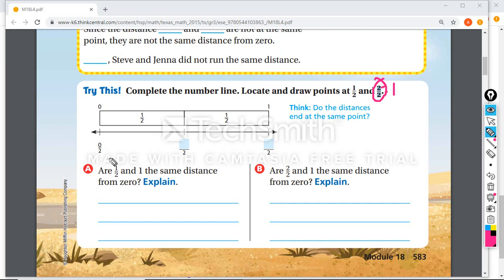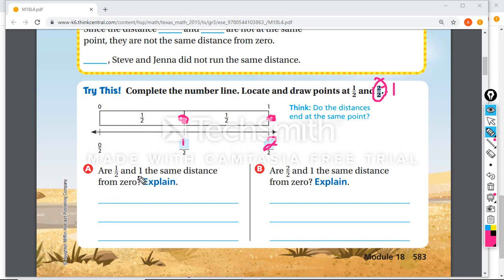So we start with 0/2. This is 1/2, and this is 2/2, which equals 1 whole. So 1/2 is right here. And 2 over 2, which is a whole, is right here.